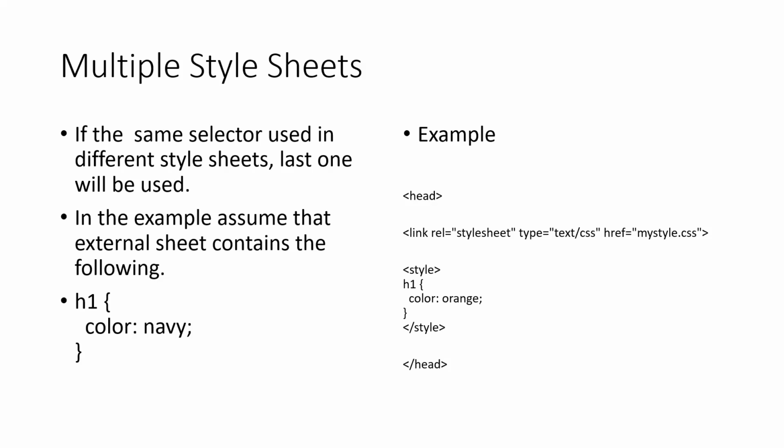So let's assume that we have an external style sheet, color is navy. And then within this, we have H1, color is orange. Which one is applied is actually based on which one comes at the end, right?